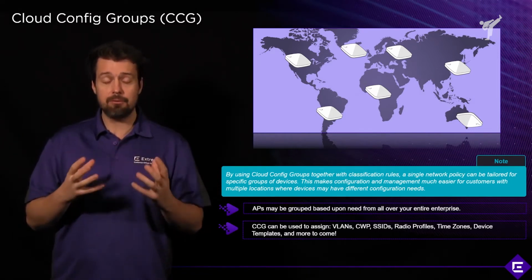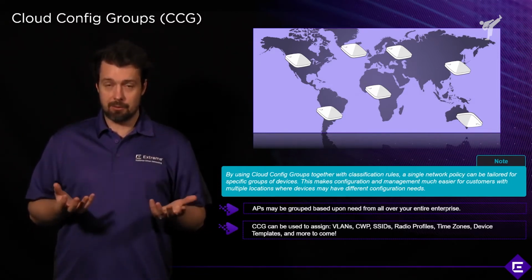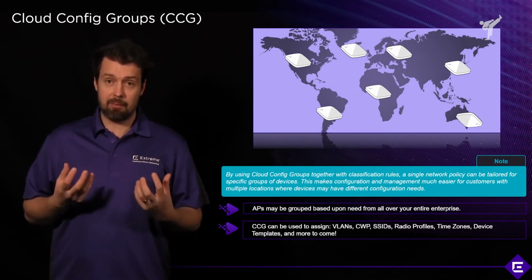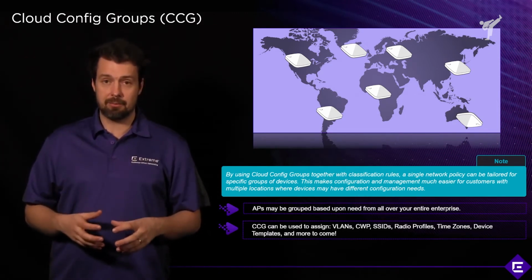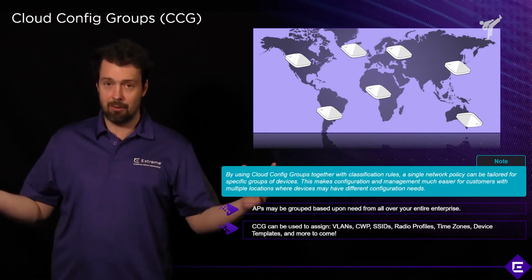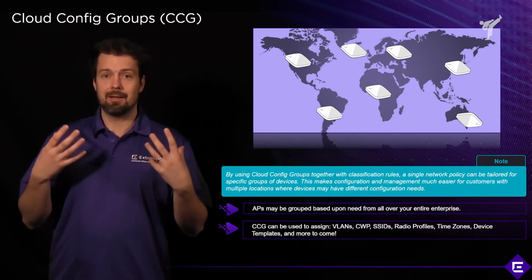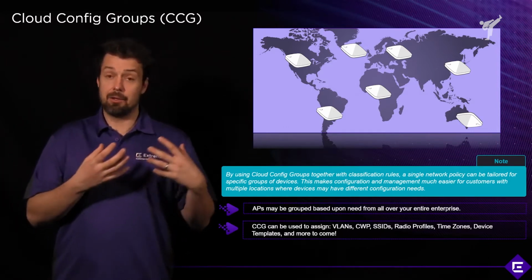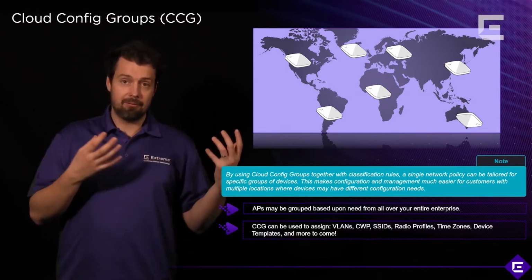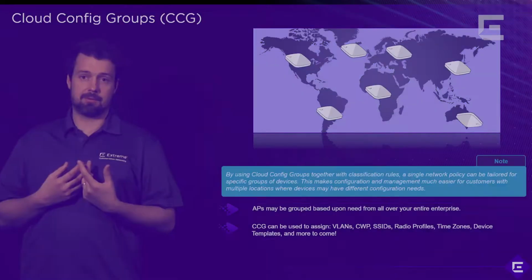So if used correctly, CCGs or cloud config groups can be a very, very powerful mechanism, and our customers, especially customers using very large deployments, love them because it creates a very simple to use and an intuitive way of configuring very, very large deployments.